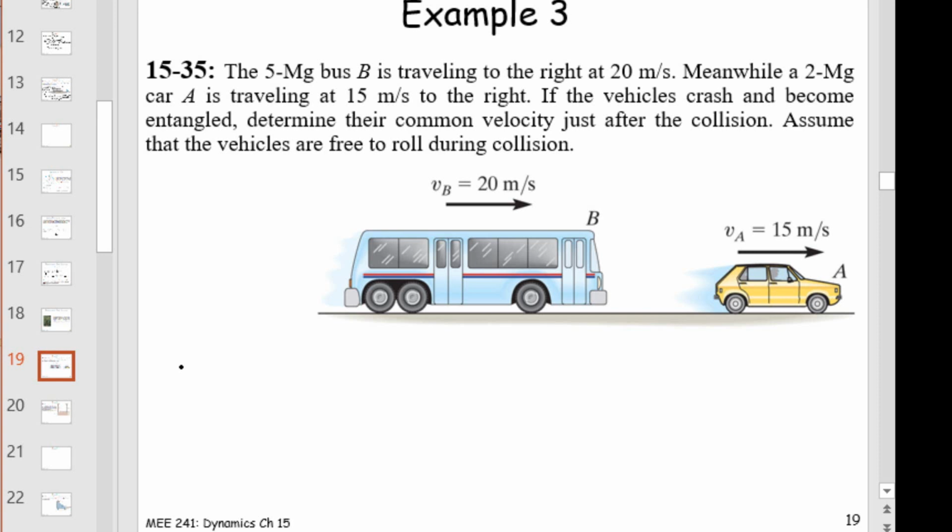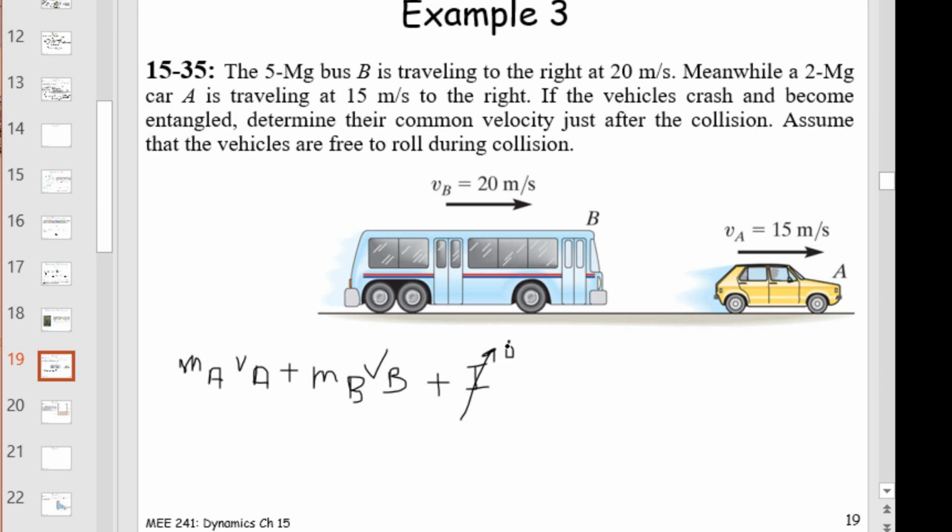Now, what is the momentum before collision? It's mA vA plus mB vB. Why? Because they are two separate bodies, alright? Plus the linear impulse, which is equal to 0, because in fact there are no forces.